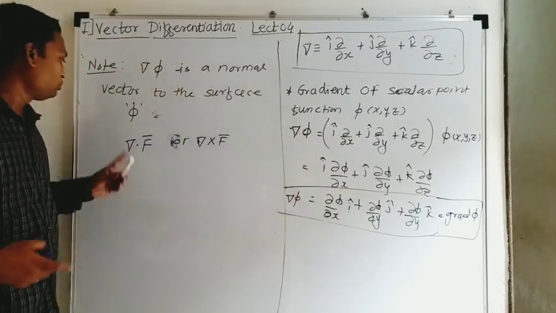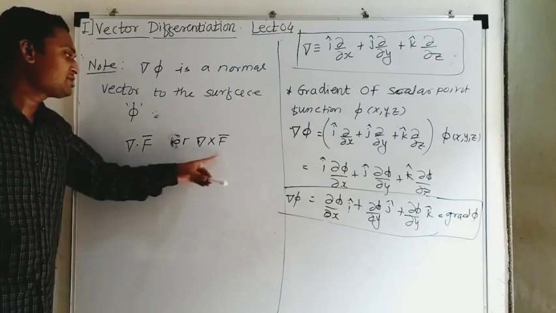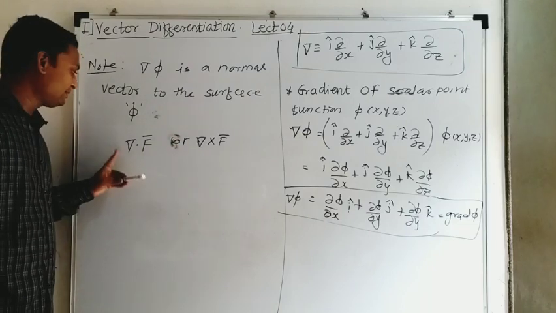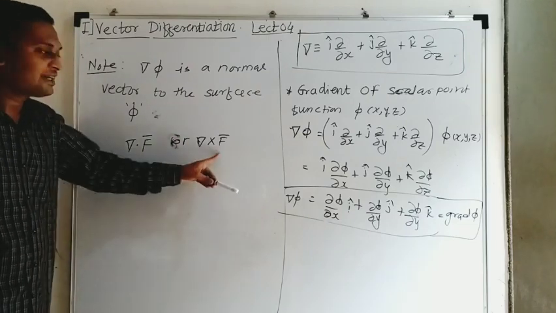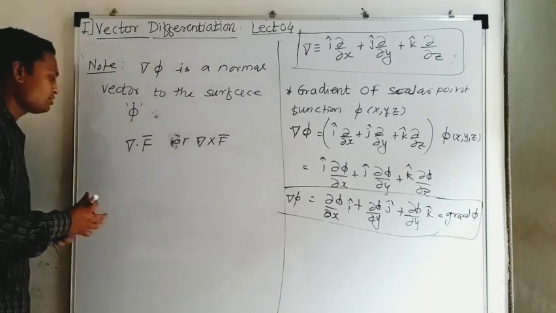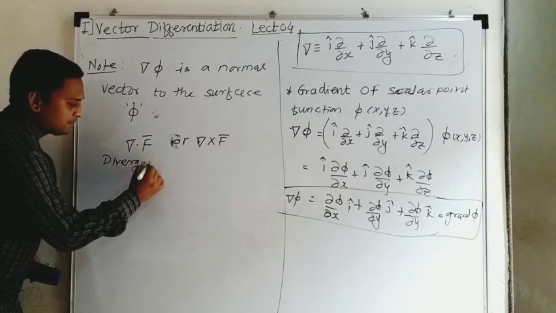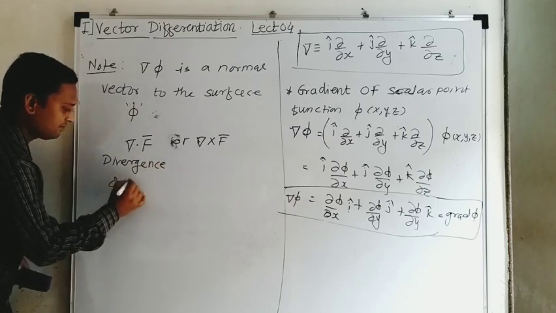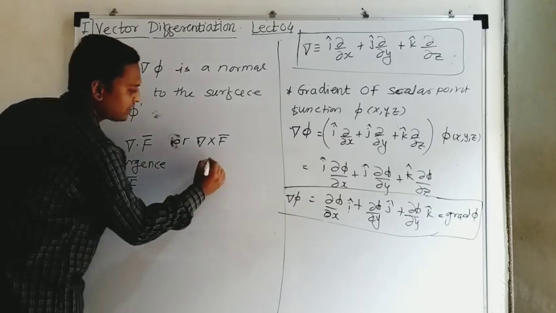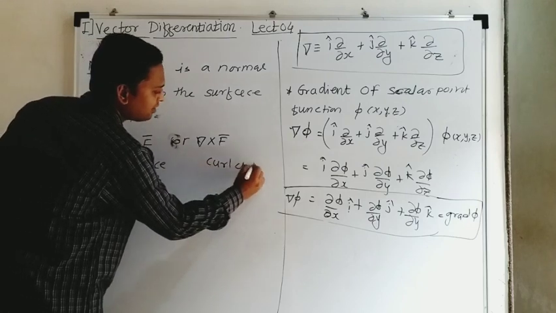These two possibilities are called divergence and curl. The first will be called divergence of f bar, and the second will be called curl of f bar.